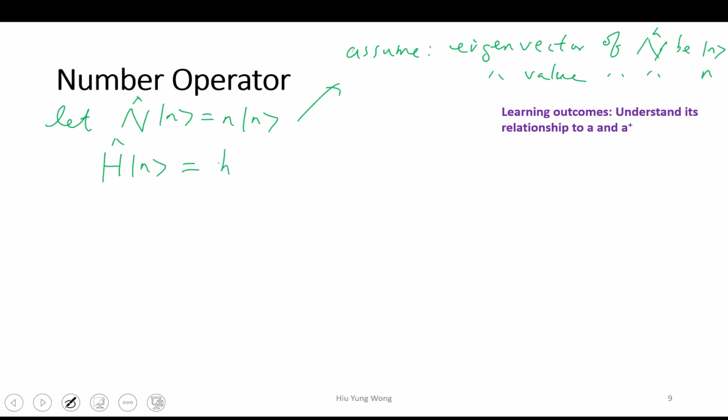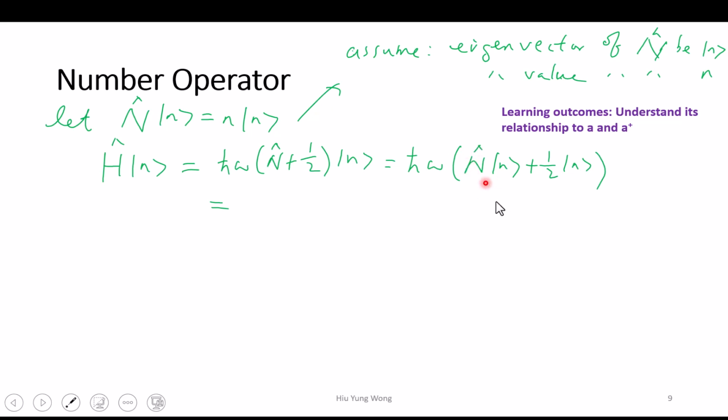Since I know this is h bar omega times n plus half, and it is linear, I can further write h bar omega times n operator plus half acting on n.